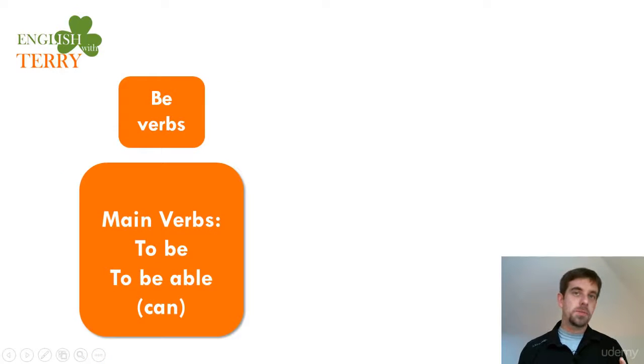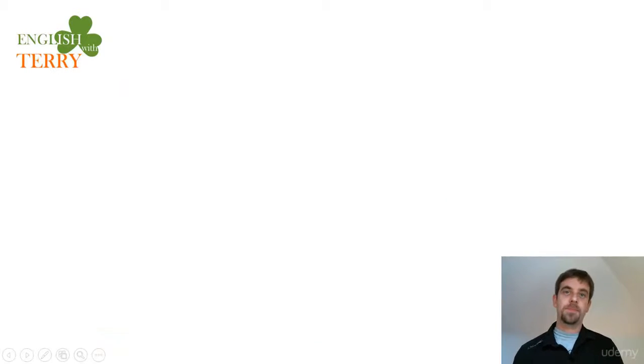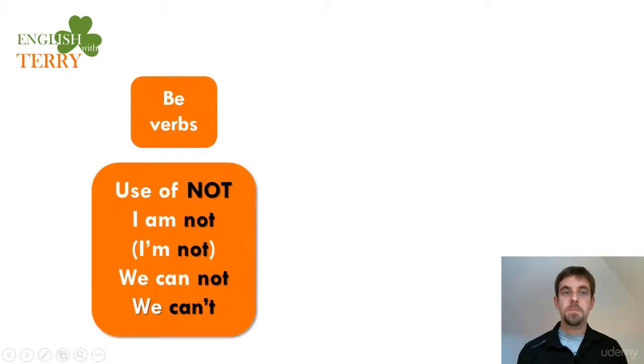When we talk about don't, we need to be clear when we use don't and when we don't use don't. The main verbs of to be able, or can, are the be verbs, and all other verbs, which are 90% of verbs, right? So want, need, to have, to think. What I mean is, here we use only not in the negative: I am not, we cannot.